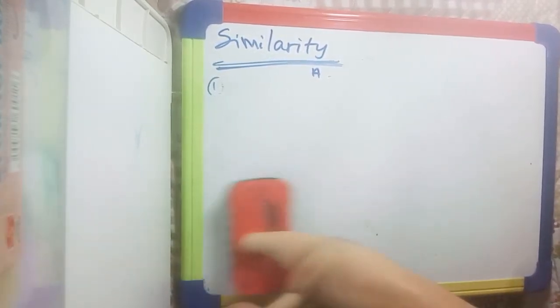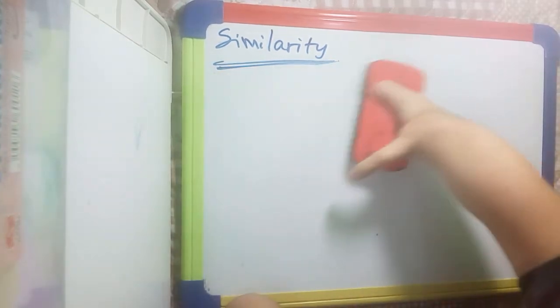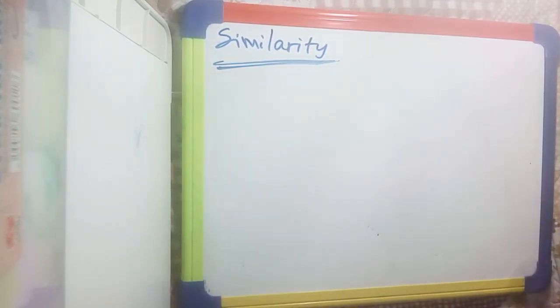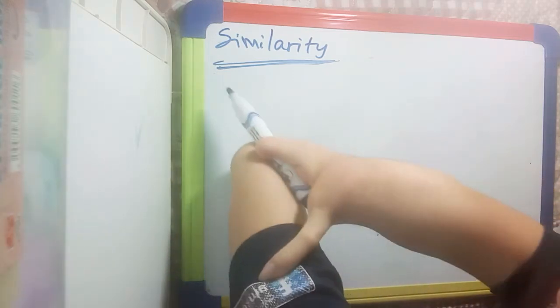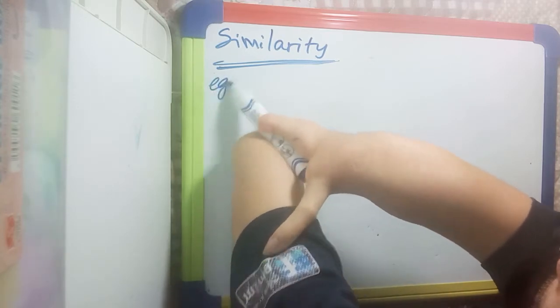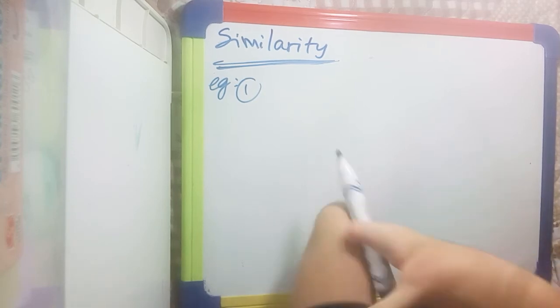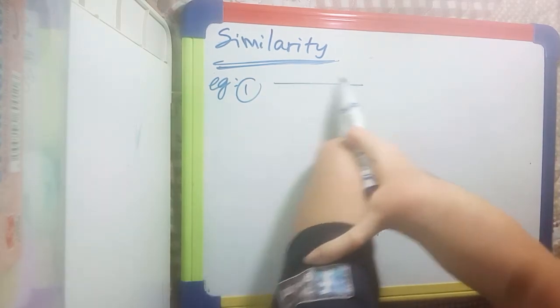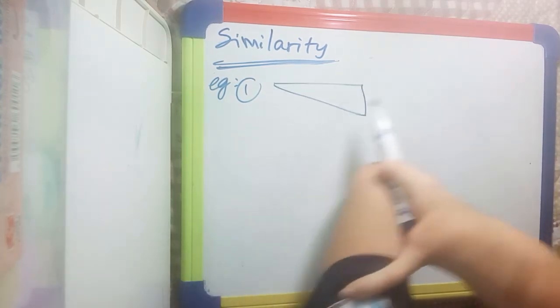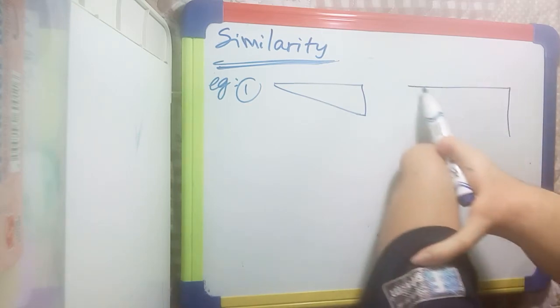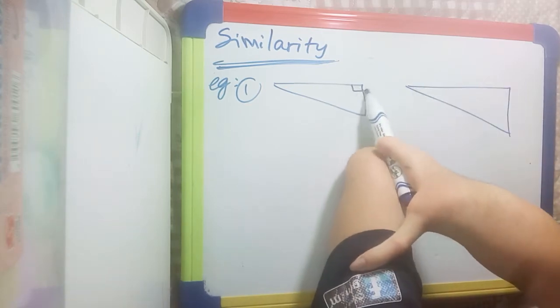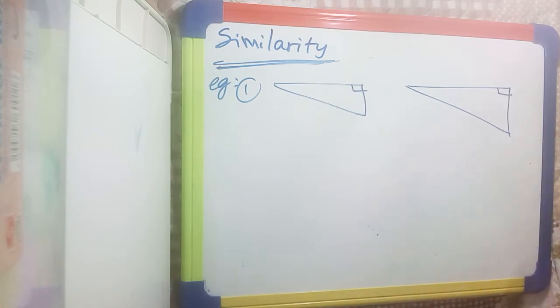If you are still confused, let's say I give you Example number 1. If there are two triangles, one small, one big, let's say both of them are right angle triangles.